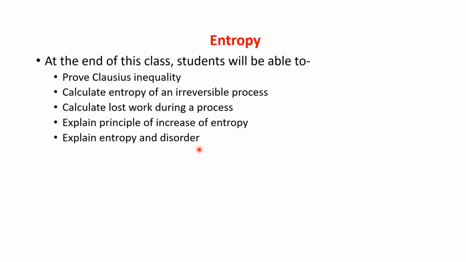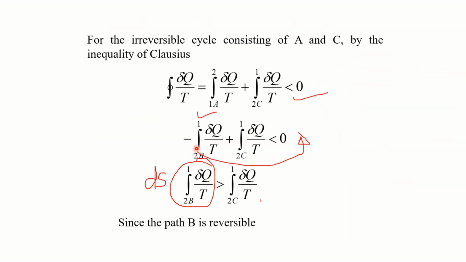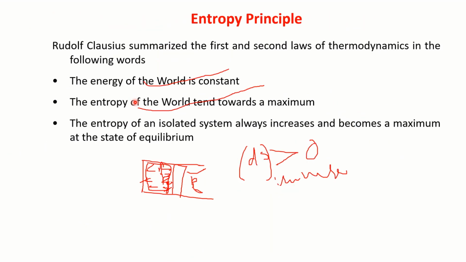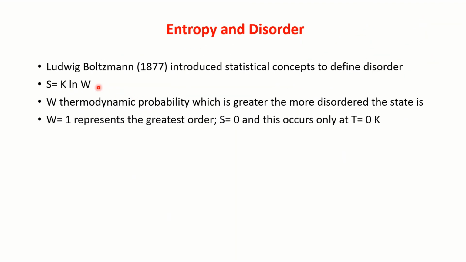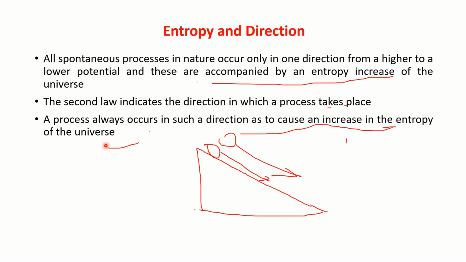And the relationship between entropy and disorder is the Boltzmann equation, right? That is S is equal to k ln W. Entropy is equal to k ln W. This we can obtain from statistical thermodynamics, which we have not discussed here.